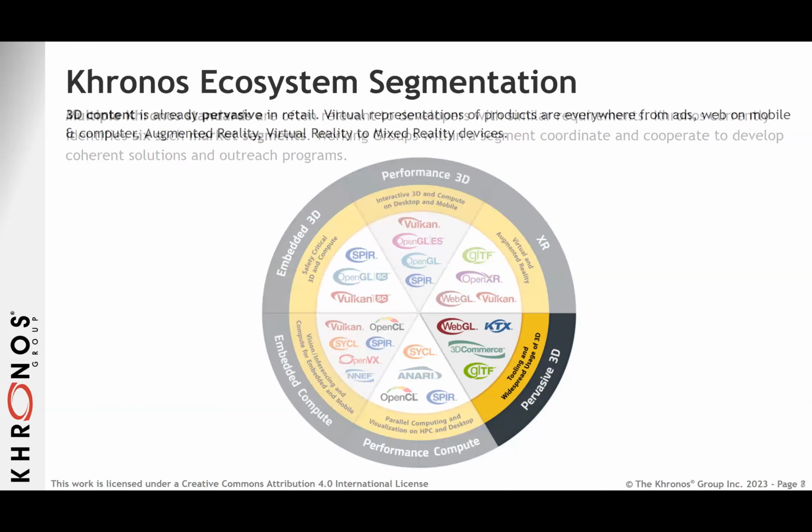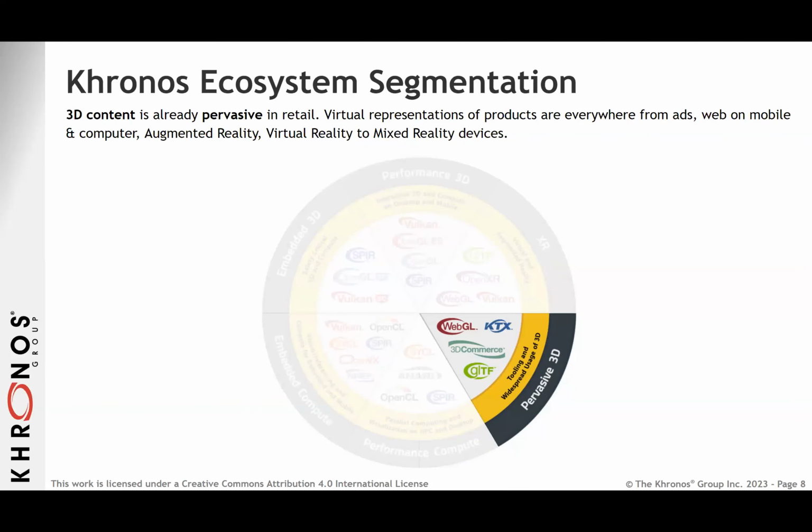Today, we're going to focus on the pervasive 3D segment, which is where 3D content is created, along with the platforms, systems and experiences built around it. 3D content is already pervasive in retail, where virtual representations of products are appearing everywhere, from ads, web, on mobile and computer, and AR, augmented reality, and virtual reality to mixed reality devices.